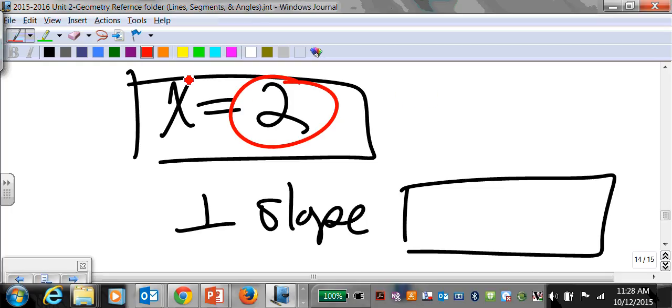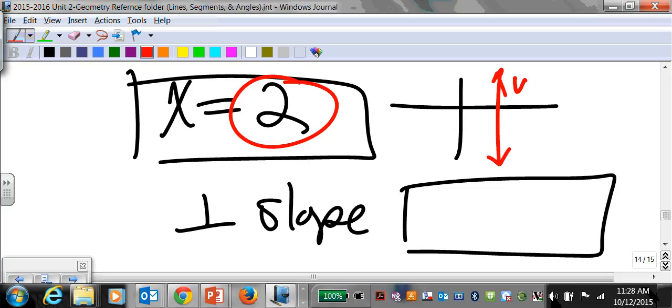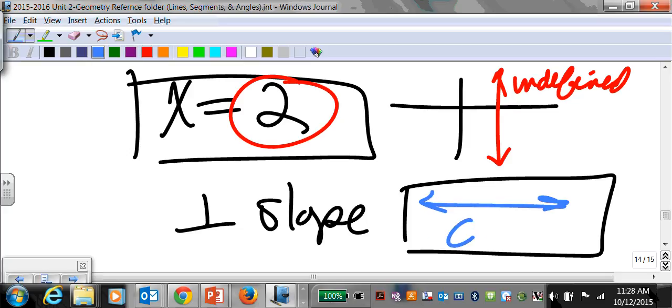If you graph it, it looks like this. X equals 2 is about right there. What's the slope of that vertical line? No, the slope of the vertical is undefined. Therefore, the perpendicular slope is 0 slope. Okay, careful with that, guys. That's not the exception. Ready, go to today's lesson.